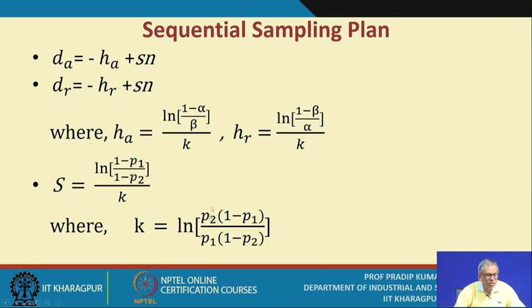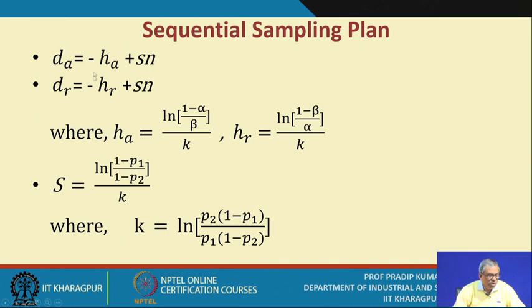Please go through all these equations. This is the equation for the acceptance line, and this is the equation for the rejection line. What is s? s is basically the slope. What you need to do is specify the producer's risk, that is alpha, along with the value of p1, the good quality, and similarly specify the value of beta along with p2, that is the LQL.